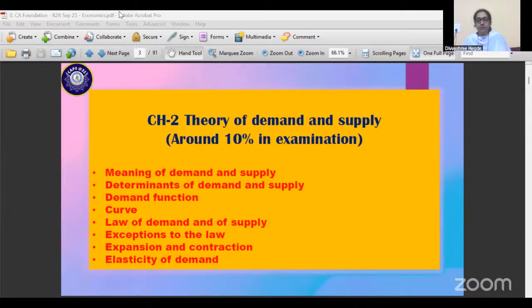So do you remember, I have always told you that whenever you're going to study demand and supply, learn it together in comparison to each other, so that it will reinforce your understanding of the two topics very clearly, and whatever confusion you had would just vanish because you are comparing it with another topic.